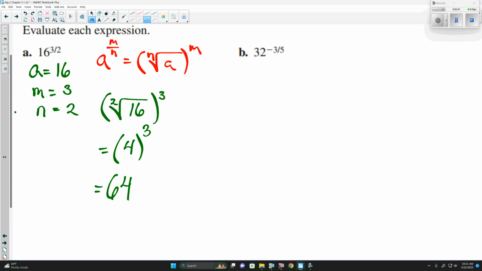The square root of 16 is 4, because 4 times 4 is 16. Questions on any of this here?